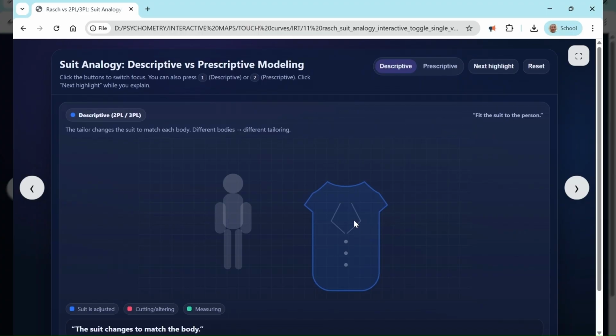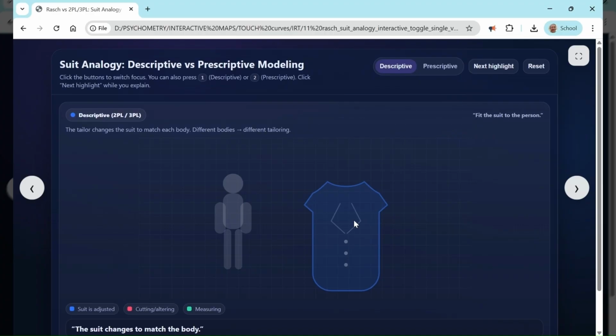Let's say that you have a person and you want to make a suit for him. Now, descriptive modeling is similar to saying that the tailor will change the suit to match each body. So different bodies will have different tailoring.